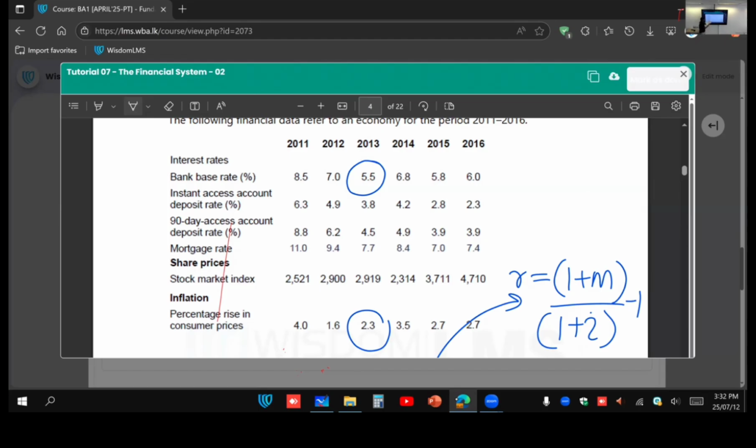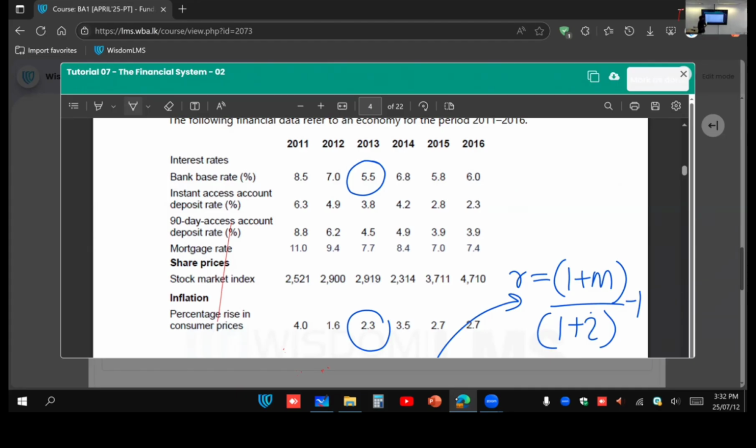Firstly, we calculated the real rate considering the bank base rate, which is 5.5. Secondly, we calculated using the mortgage rate, which for 2014 is 8.4. Thirdly, they are asking whether real share prices rose or fell.